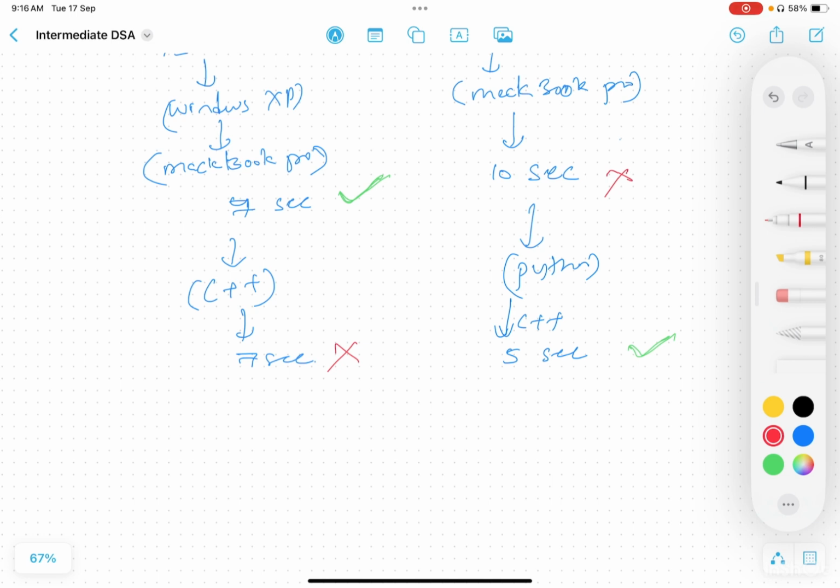Right? So what is the conclusion here? What is the conclusion? The conclusion I would draw is, simply, execution time is not the correct way of comparing two algorithms. It depends on various factors like the language you are using, hardware you are using, OS you are using, or any other climatic conditions.